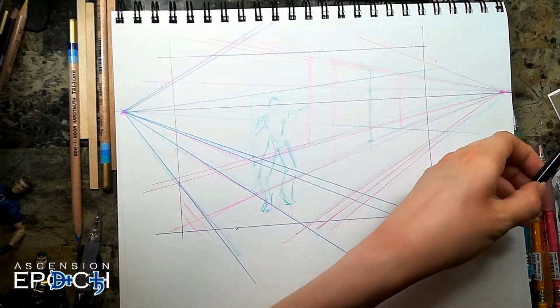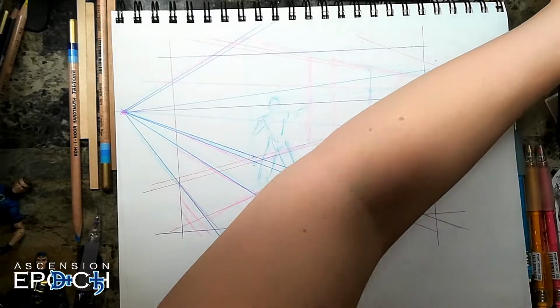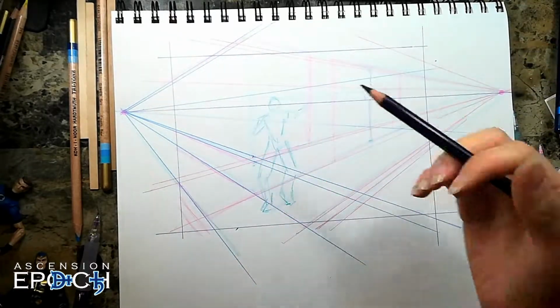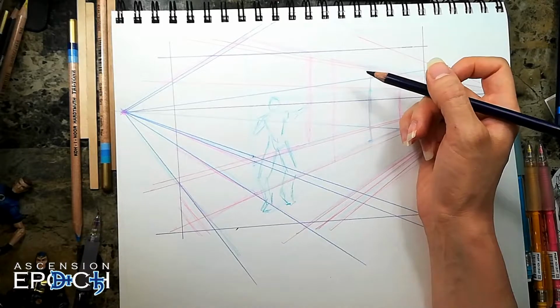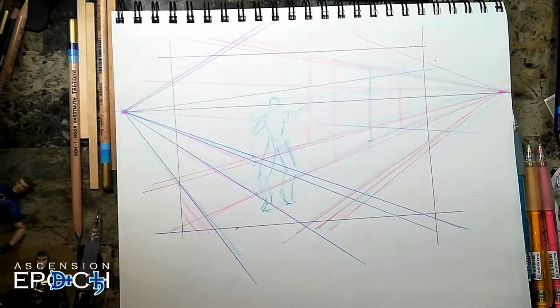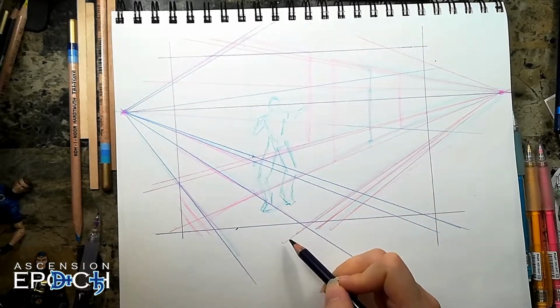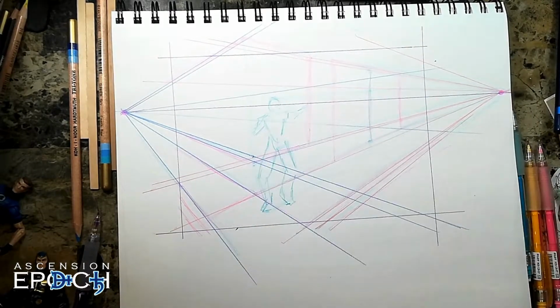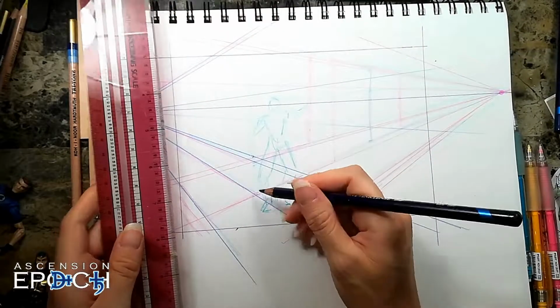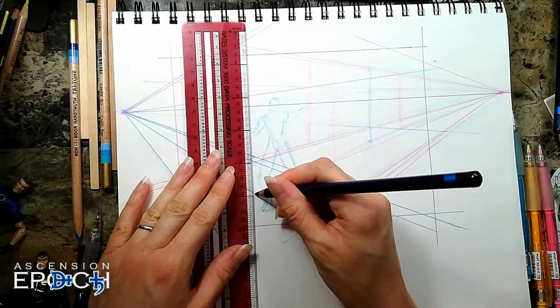And then let's get something really dark. All right. And now that we have all this here, we can go in and block out our background. So this straight line here is going to be the edge of the building.